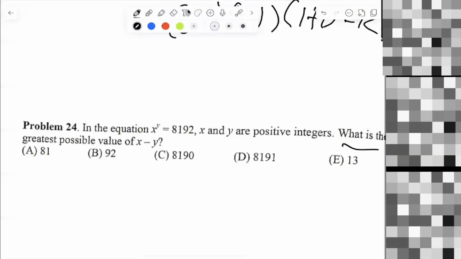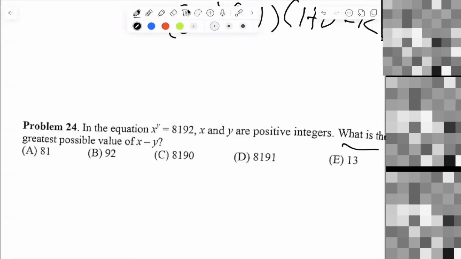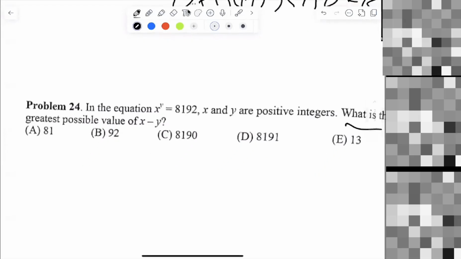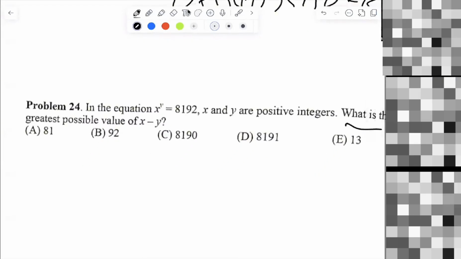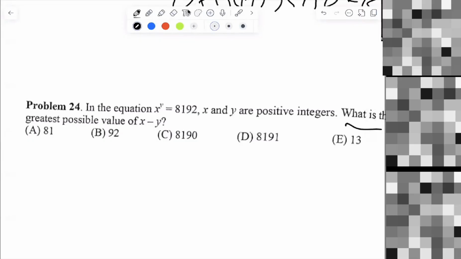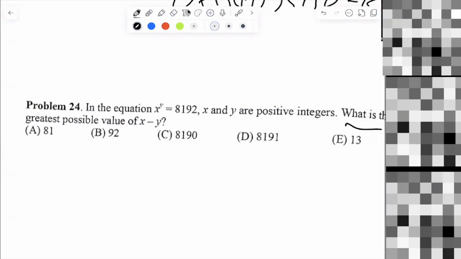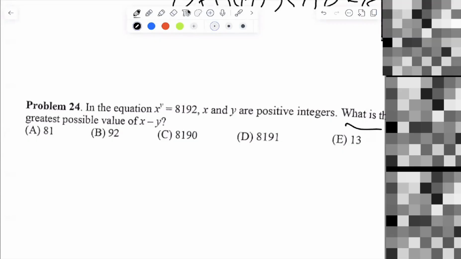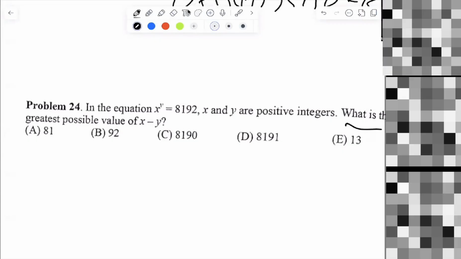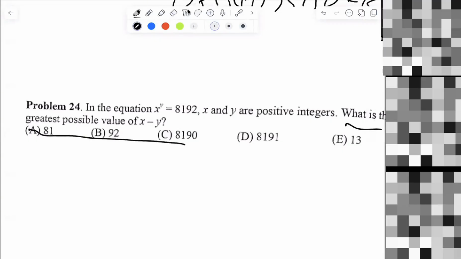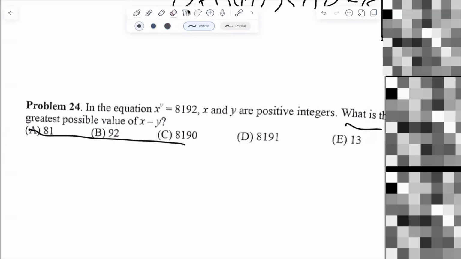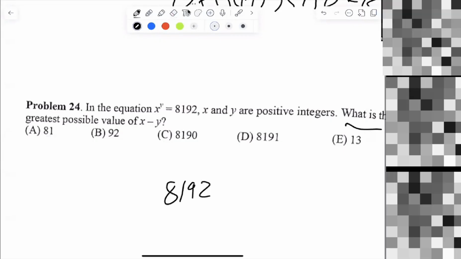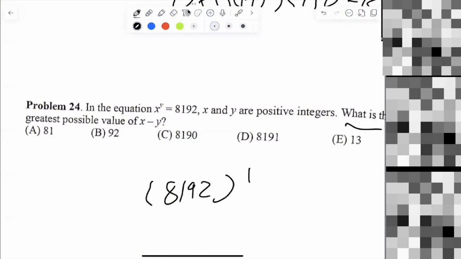In the equation x to the power y is equal to 8,192, x and y are positive integers. What is the greatest possible value of x minus y? Now, one way you would have done this is to find which powers give 8,192. But there is no need for that. Since we want only the greatest possible value of x minus y, we could just let 8,192 be the base and raise it to the first power.